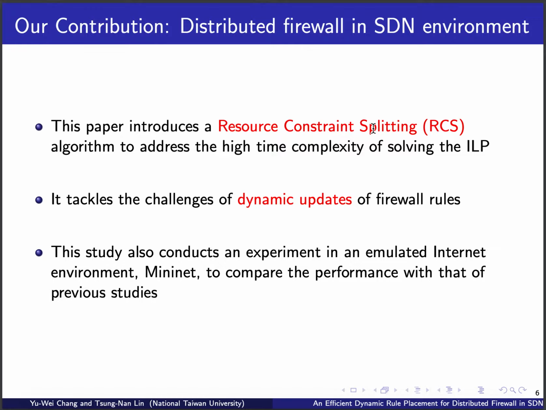As a result, resource constraint splitting can let you minimize the time taken to recompute the rule placement. Also, this study conducts experiments in an emulated internet environment, Mininet, to compare the performance with that of the previous studies.